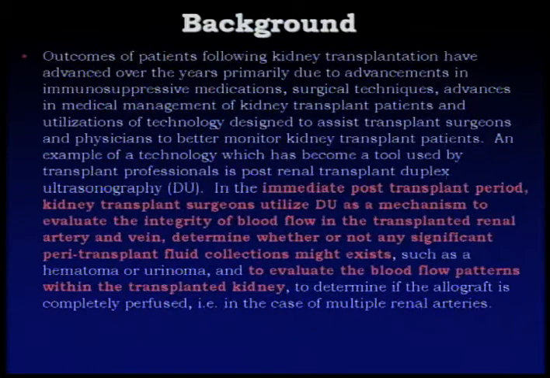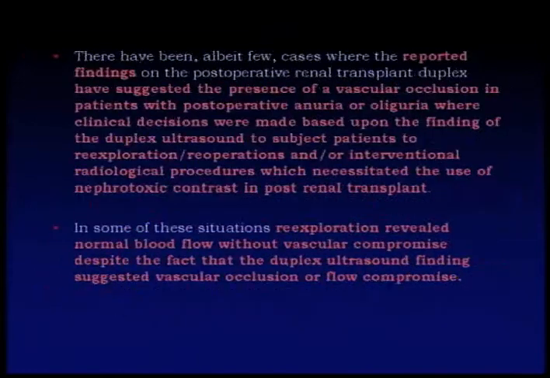In the immediate post-transplant period, kidney transplant surgeons utilize the duplex ultrasound as a mechanism to evaluate the integrity of blood flow in the transplanted renal artery and vein, to determine whether or not any significant peri-transplant fluid collections might exist, and to evaluate the blood flow patterns within the transplanted kidney.